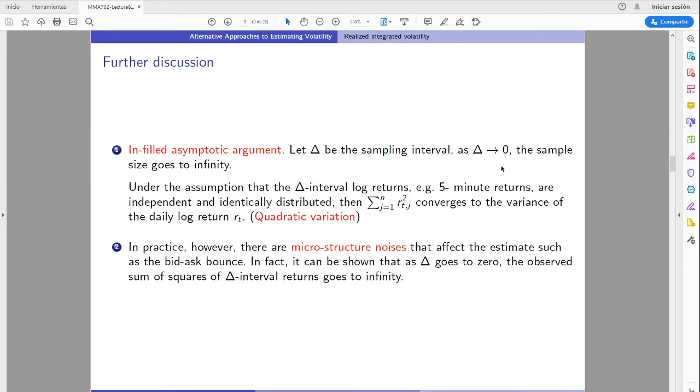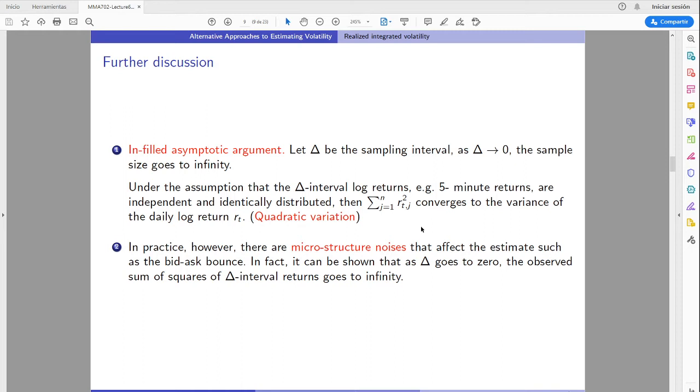That's already big, right? If instead of 5 we take 1 minute, we'll get 1440, which is starting to be interestingly big. So we can always pick smaller intervals and use this quadratic variation property to get better estimates.